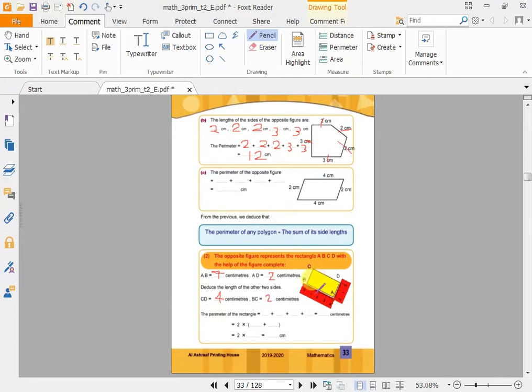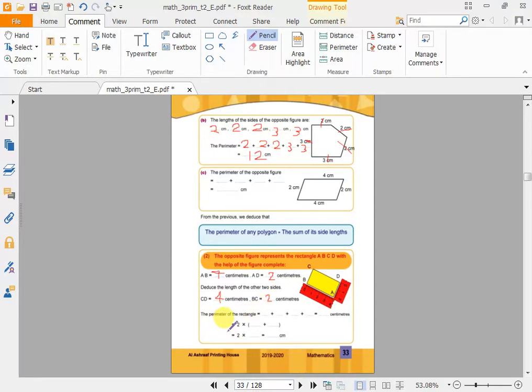We know that the rectangle has two equal lengths and two equal widths. So if AB is 4, the opposite side is 4. If AD is 2, the opposite side is 2.